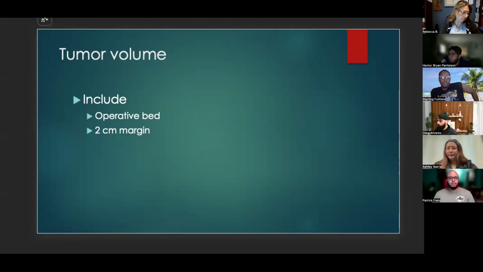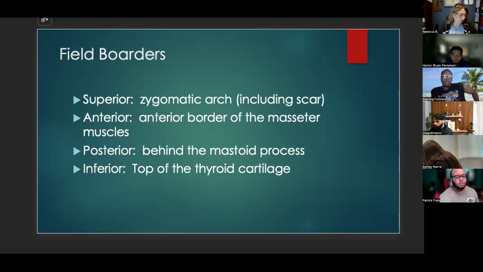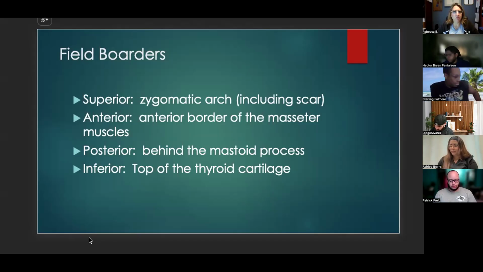Diego, why don't you tell us on page 52 what a parotid includes in the book? Are we in portal design? We are in portal design, yeah. 52? 52.